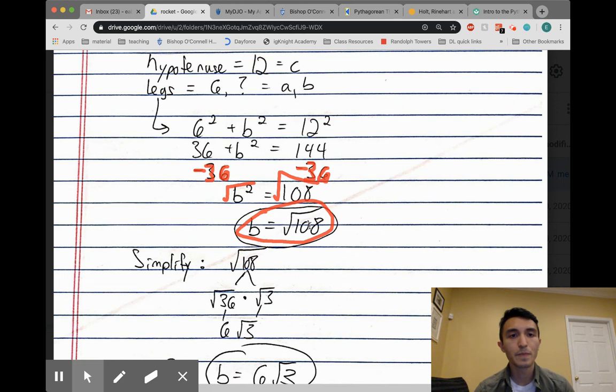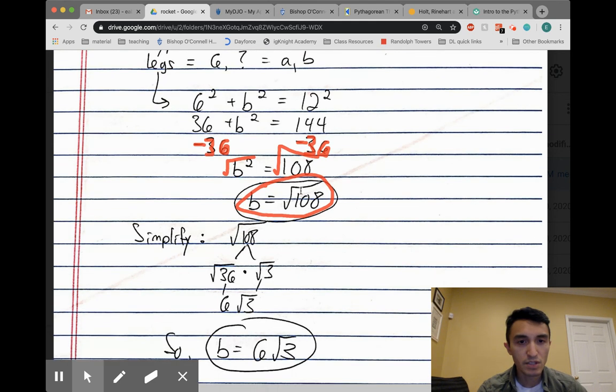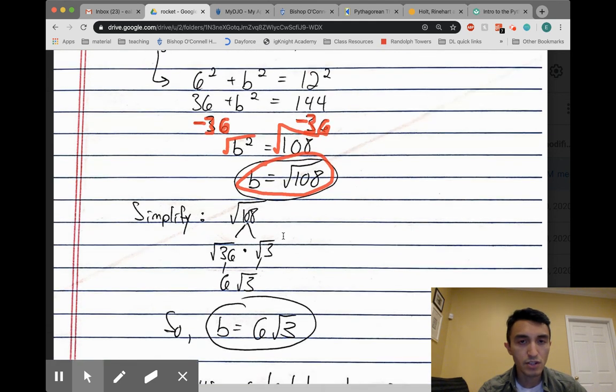That is not typically what we want to do, just in terms of this course. But with word problems, sometimes you'll have to get an exact measurement or an estimated measurement. For now, though, just make sure you have an exact answer, which means we're not going to put square root 108 in our calculator and then round it to the nearest tenth or whatever. We're just going to simplify using our skills from back in chapter 1.